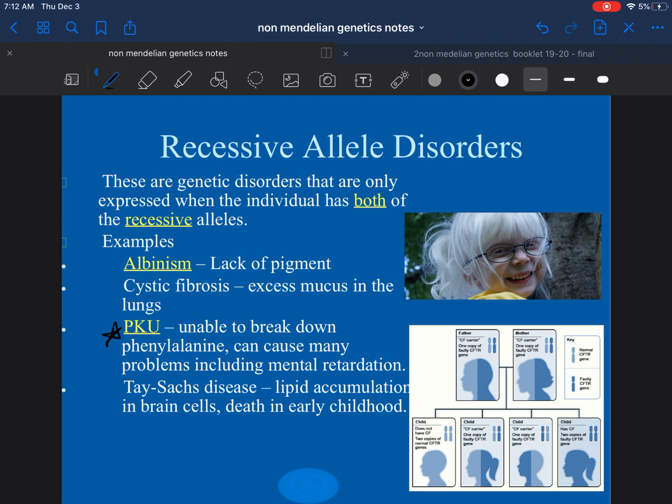Again, albinism is a lack of pigment, and cystic fibrosis is a lot of mucus in your lungs. Tay-Sachs disease is where lipids, or fats, accumulate in your brain cells, and a lot of children die because of this.